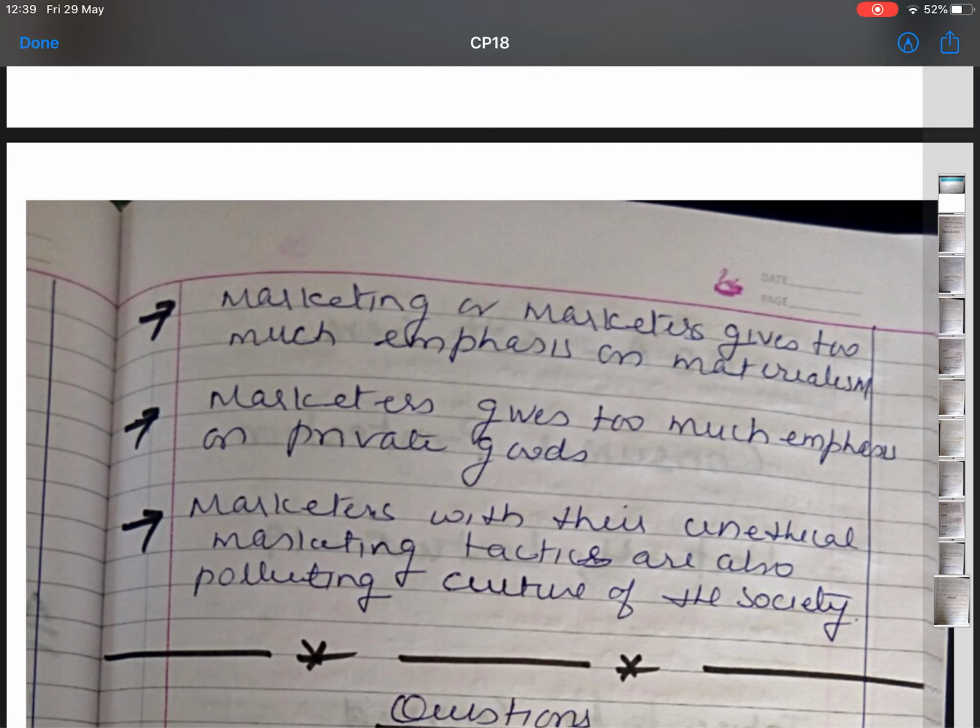It is another very strong point of attack on the marketers. They are polluting the culture of the country. With their advertising and their deceptive promotion activities, they are polluting the culture of society.